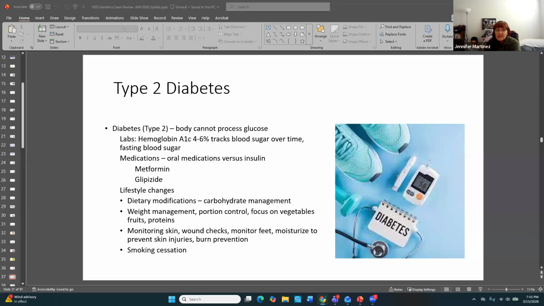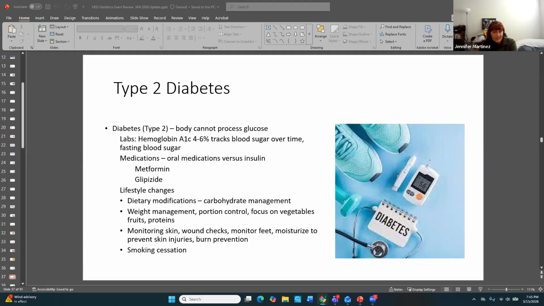Monitoring skin, wound checks, feet, moisturize, burn prevention. Diabetics really need to inspect their feet daily. Any minor cuts in a diabetic patient can lead to devastating wounds, leading to amputation. So we really want them to monitor their skin.